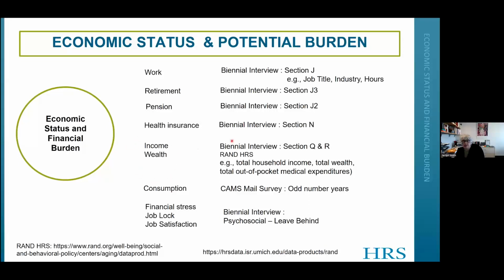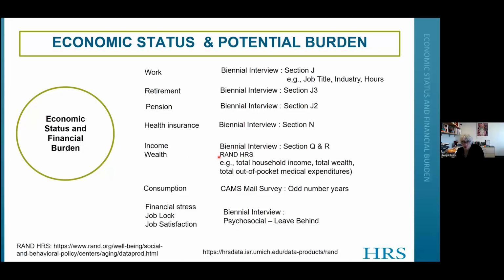Many questions to enable you to calculate their income and also their wealth. But if you're like me, I just cheat, and that's in 2 sections in HRS. I'll explain these sections in the next step. But if you're like me, I'm not an economist. I'm not going to go to the effort of putting all of these separate variables together.